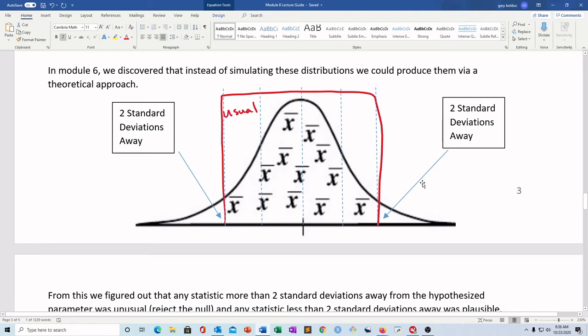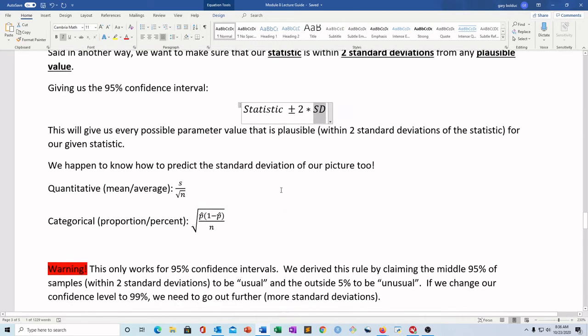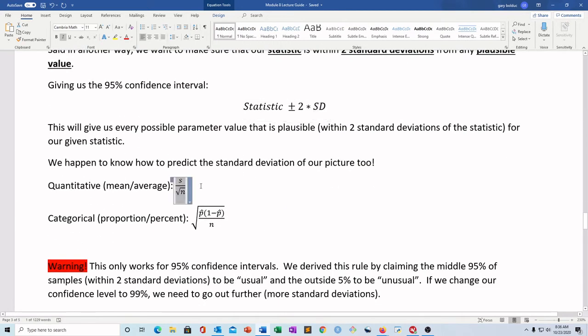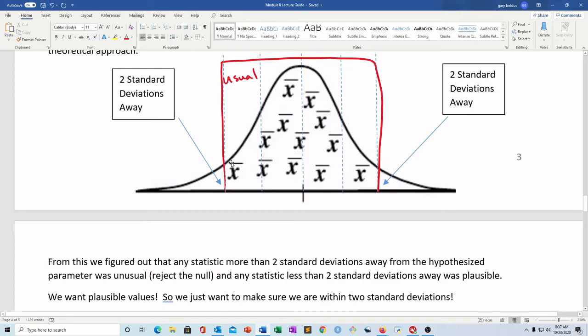Well, yeah, in Module 6, we calculated the standard deviation of this picture, the spread of it, and it just ended up being this formula for quantitative, this formula for categorical. That's it. So these formulas we should recognize. They're the formulas for the standard deviation of the picture above.